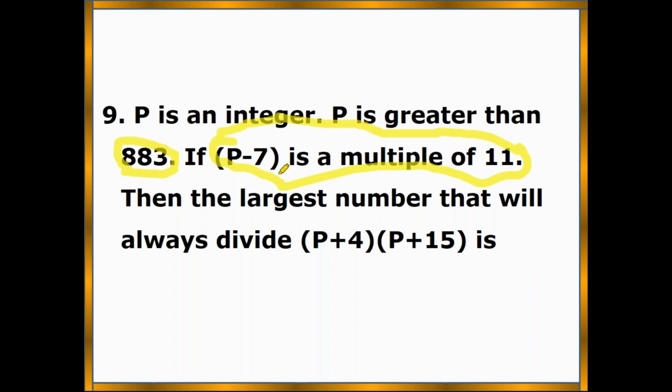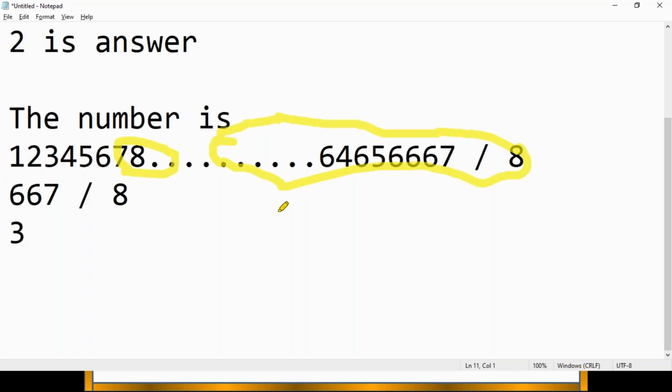That point is enough for us. Please concentrate, ma. P minus 7 is equal to a multiple of 11. That means 11 into 1, or 11 into 2, or 11 into 3, or 11 into 100, or 11 into 200. We don't know.